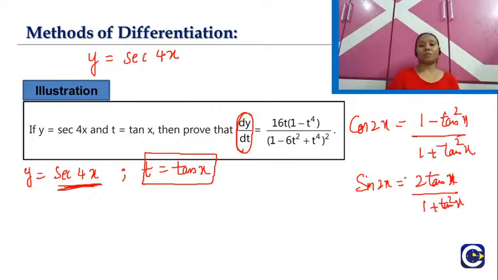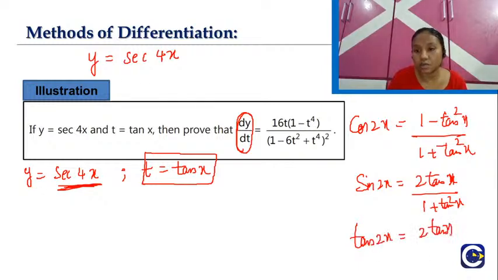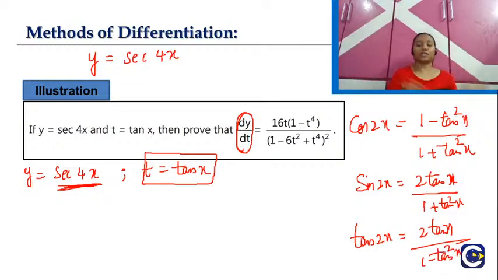These are the formulas for sin 2x and cos 2x in terms of tan. And for tan 2x, it is 2 tan x by 1 minus tan square x. So you can apply these formulas and convert the function y which they have given in terms of the variable x. And after that, once you have converted your y function in terms of t, you can easily do it.